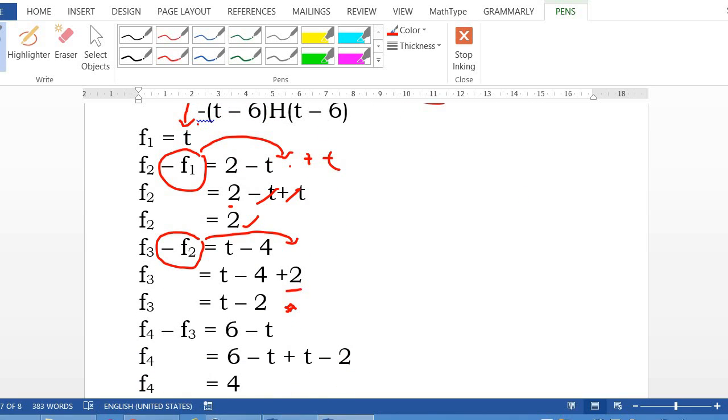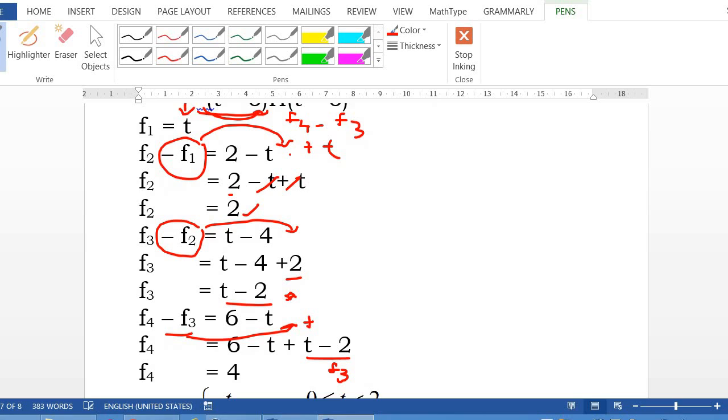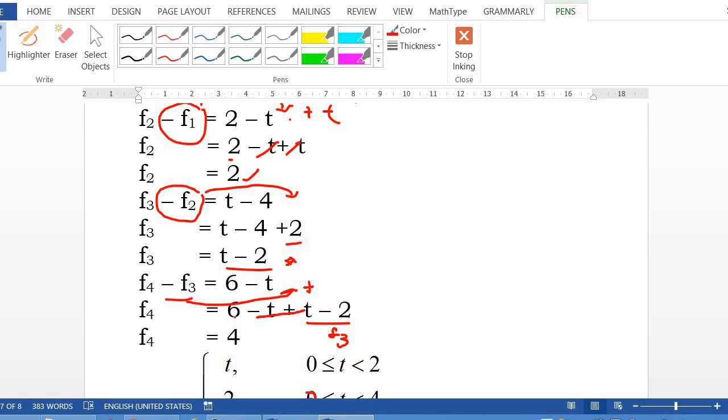And then this is actually the f4 minus f3. So f4 minus f3, you expand negative in, so this becomes 6 minus t. To get f4, minus f3 bring to the other side, become plus f3, which is t minus 2. So 6 minus t plus t, this cancels, so 6 minus 2, we have 4.